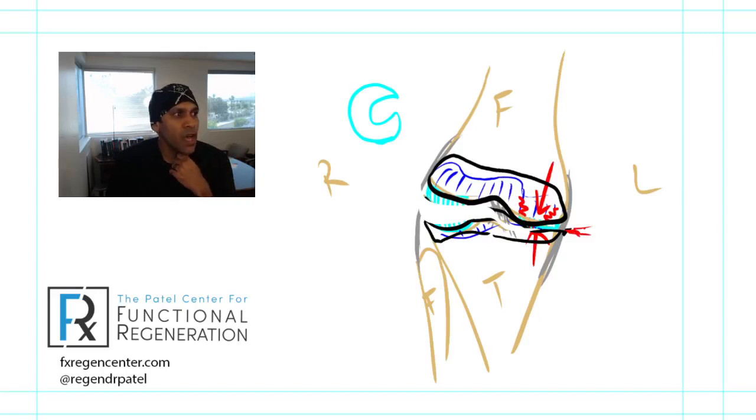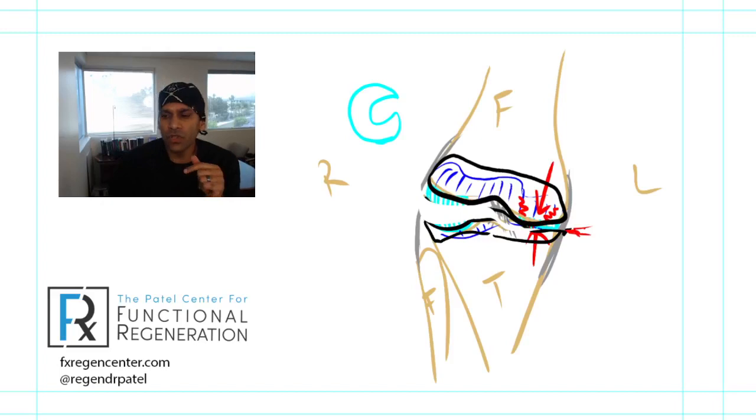These were patients that had bilateral knee osteoarthritis, or severe arthritis in both of their knees. One knee ended up getting a knee replacement. The other knee had their own bone marrow cells injected directly into the bone of the knee. So directly into the area of the knee where we're getting issues, right?